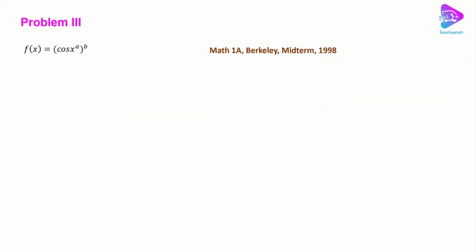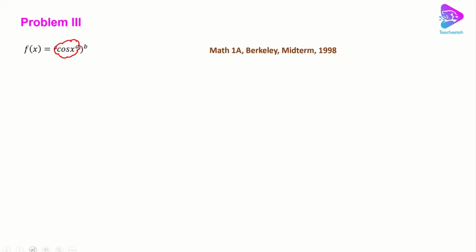Let's look at the third problem. When we look at the third problem, the first thing that comes to mind is the chain rule. When we are dealing with the chain rule, we have an inside function and an outside function. Here, the inside function is cos x to the power of a, and the outside function is the whole function to the power of b.